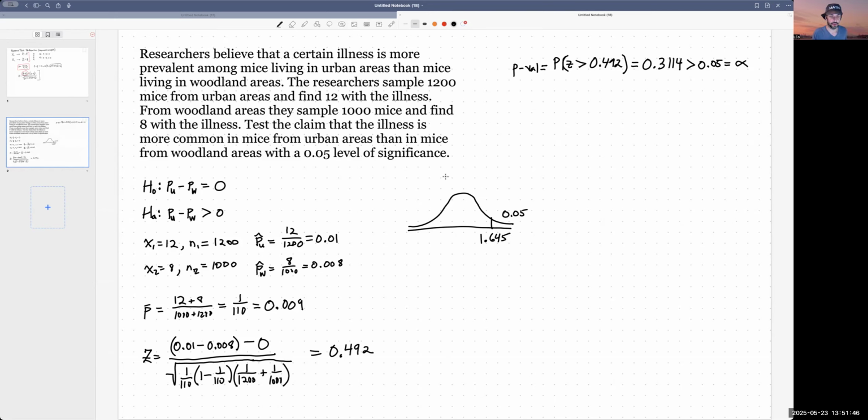Our z-score of 0.492 is down below that somewhere. If the mean's about here, we're somewhere down there. So we're below the critical value in a right-tailed test.